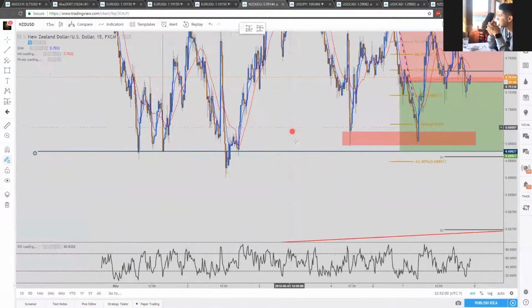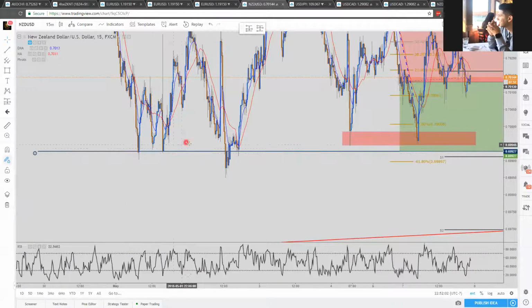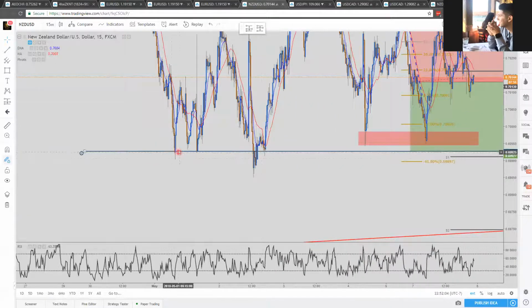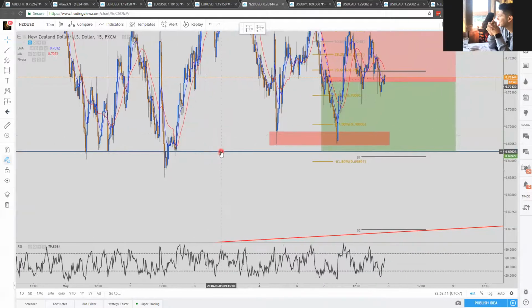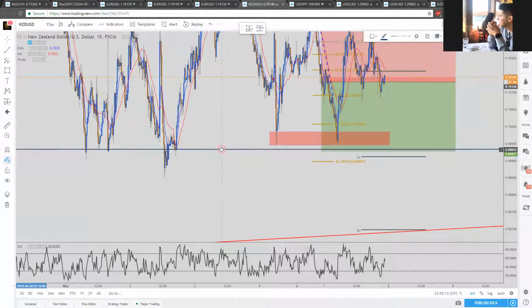I thought it was going to drop down to this support level. That's where I put my take profit, where most of these candles were touching. Probably could have adjusted it a little bit more, but it still would have been around this area.